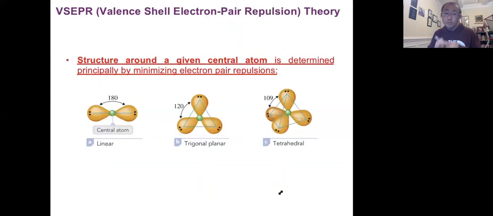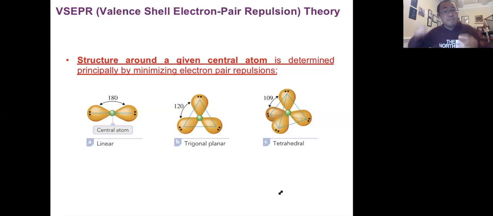No matter how many groups of electrons, the theory is based on these groups of electrons trying to minimize their repulsion. How do they minimize their repulsion? Because they're all electron groups, no matter bonding or non-bonding, because they're electrons. Electrons are both negatively charged. So they will repel each other. If they repel each other, the best geometry will be what?